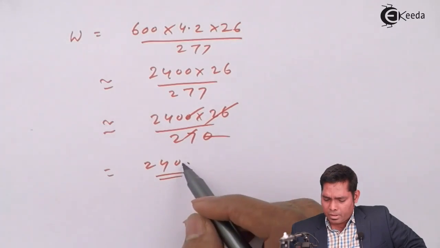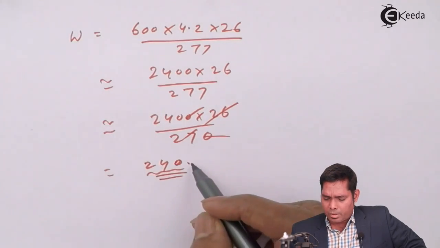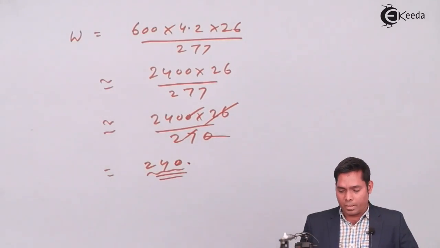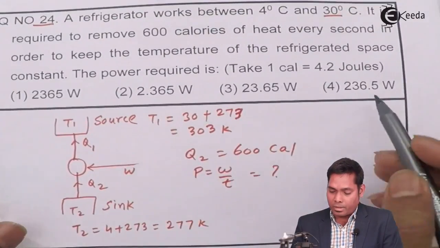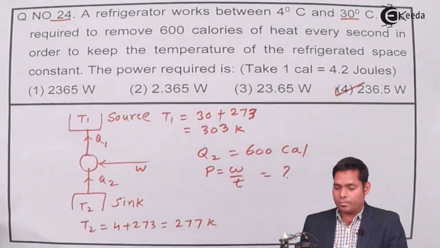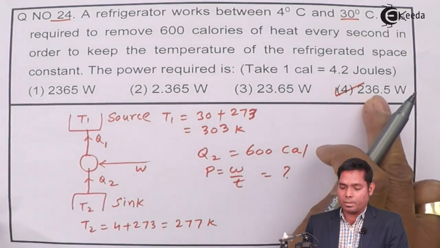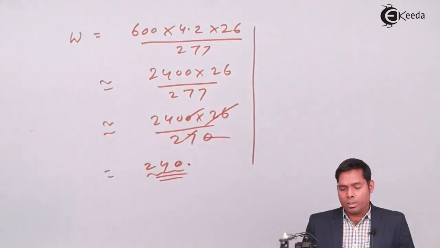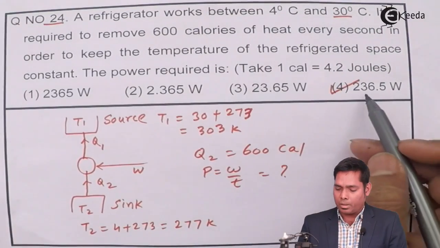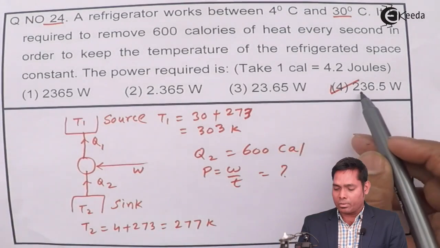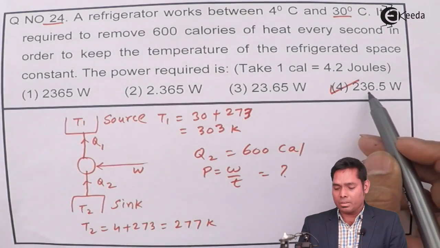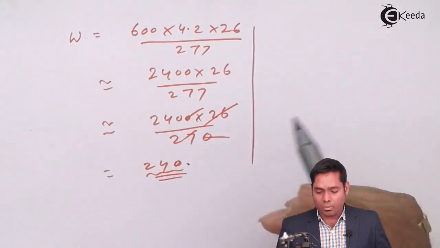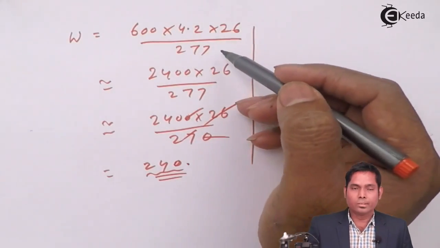That means I'm getting a 3-digit number, and that is the answer. So if I see the options, this is the answer, because only this 3-digit number is present. Otherwise, if the options have other 3-digit numbers before decimals, then you have to go for actual calculations.